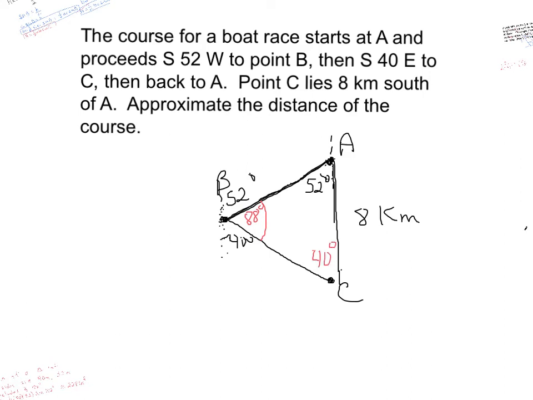All right, so we want the total distance of the course. We have one leg of the course, that's 8 kilometers. So we've got to figure out what is side A and what is side C, and we can do that using the law of sines. We know that side A over the sine of 52 degrees is going to be equal to 8 over the sine of, I'm sorry, over the sine of 88.